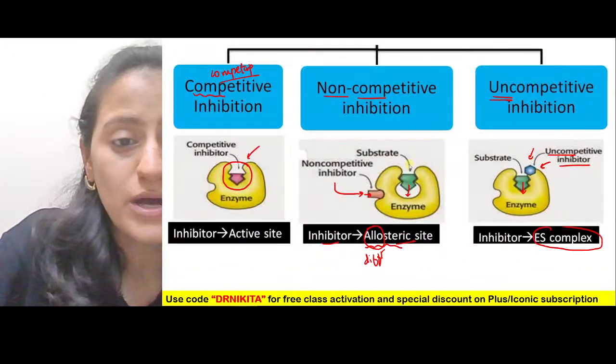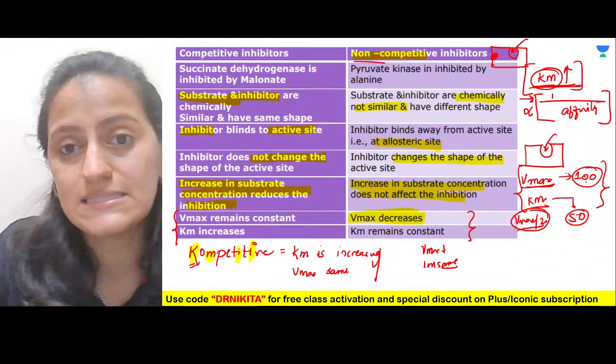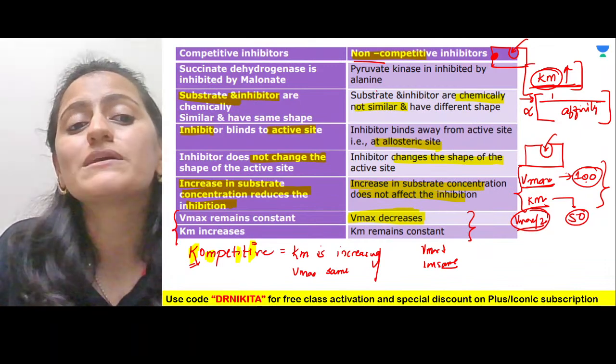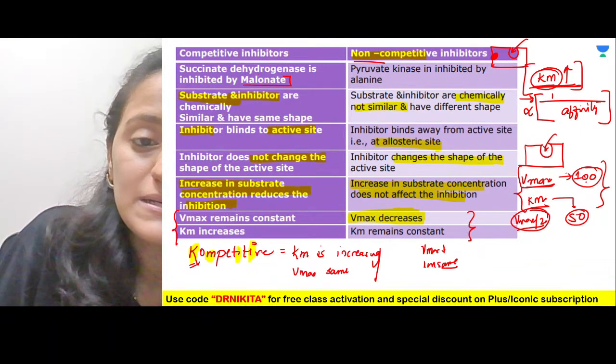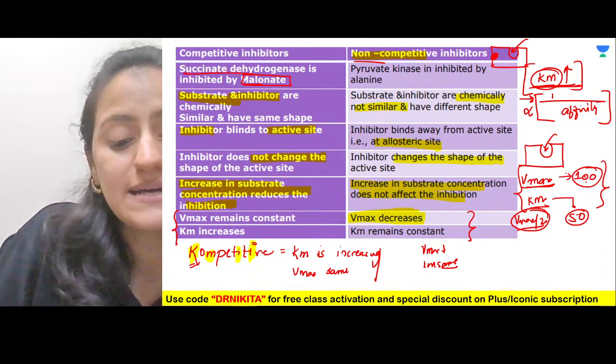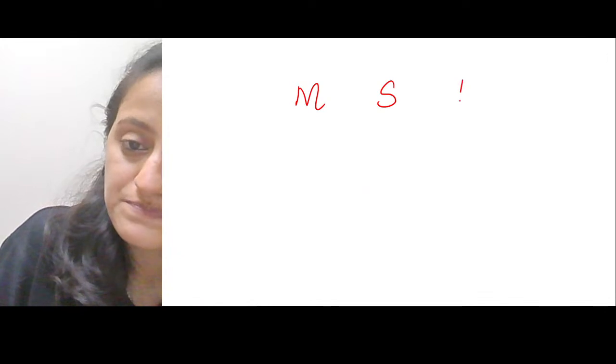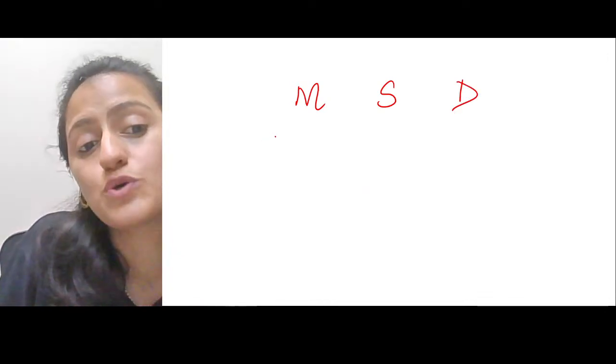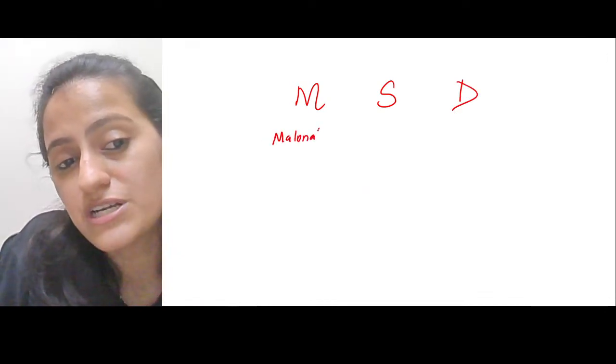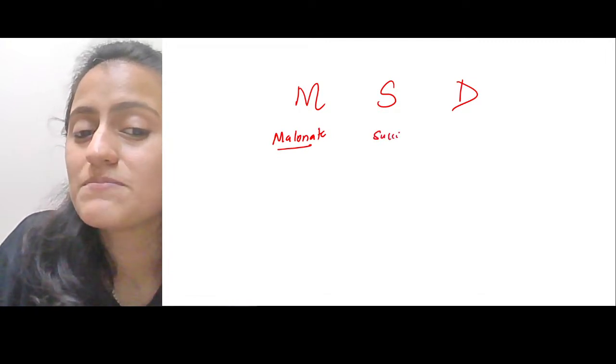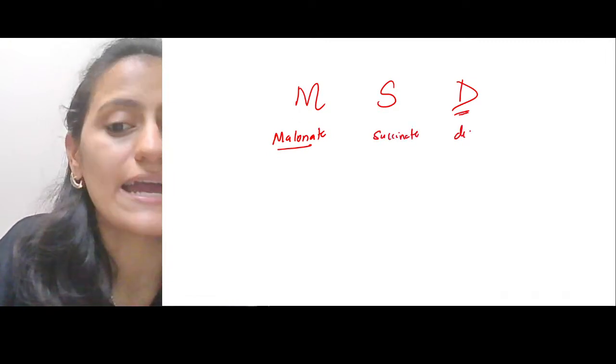Now coming to this point, in the TCA cycle, which is a competitive inhibitor? Remember, malonate inhibits succinate dehydrogenase. The trick to remember that is MSD, MS Dhoni. Another important question, remember that malonate inhibits succinate dehydrogenase.